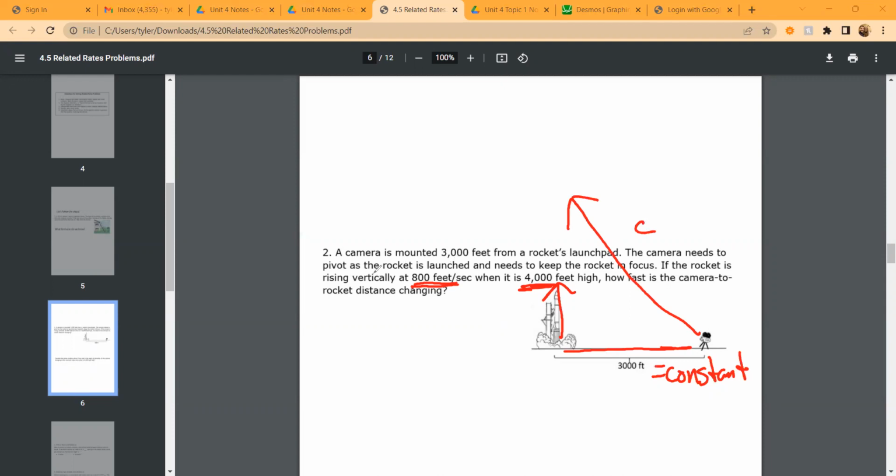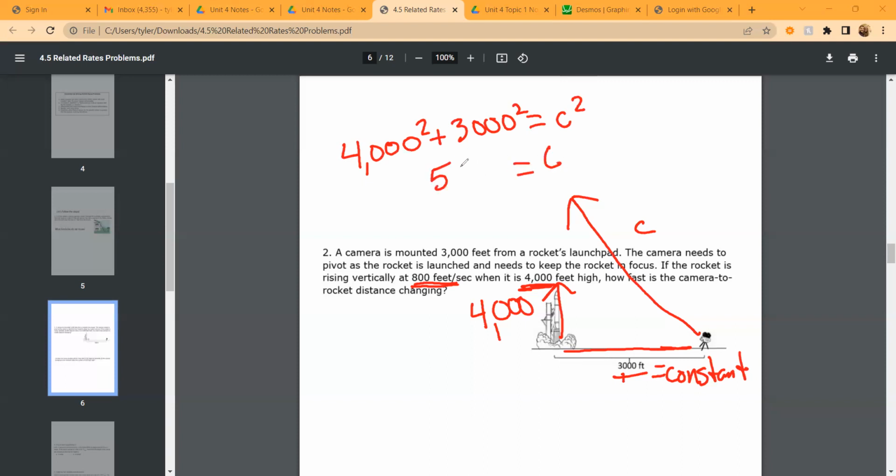So we're essentially trying to realize how fast is C, or the hypotenuse in this case, changing. So the camera needs to pivot as the rocket moves. We essentially have this amount of information. We know this is 3,000. We know this is 4,000. And this is telling us it's a 3, 4, 5 triangle. If you don't know that, we're essentially just doing 4,000 squared plus 3,000 squared equals C squared. And so we say, hey, C has to be 5,000.